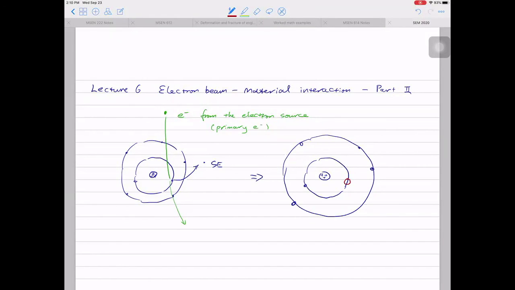That's an empty hole, because the secondary electron, which used to occupy the spot, is now gone. It's an empty space. This is energetically not stable. So the outer shell electron will jump in to fill the hole. From high school physics, from first year physics, you know the energy of the second electron shell.